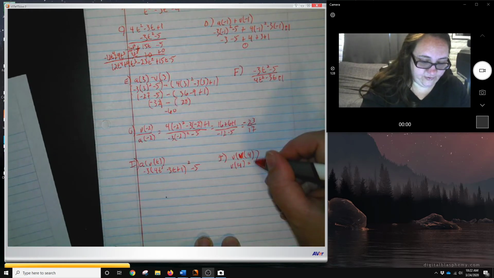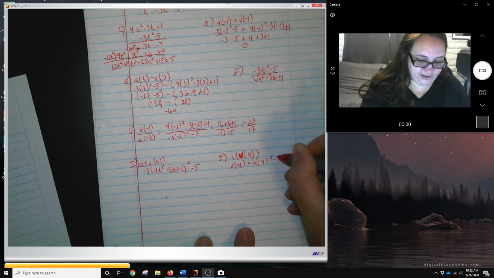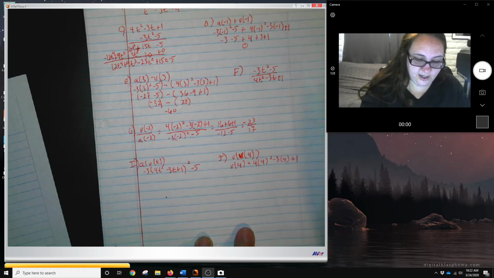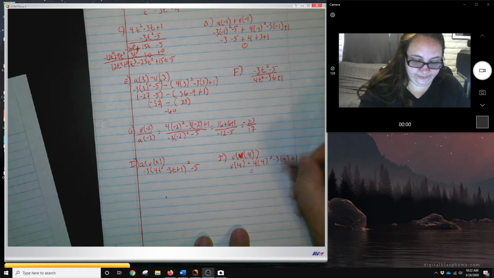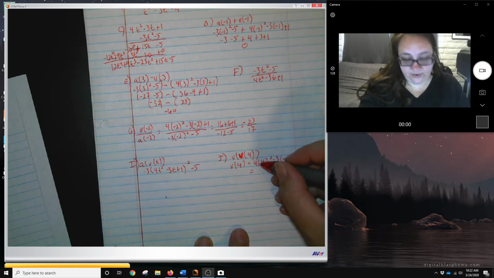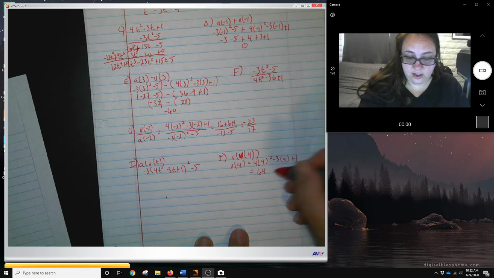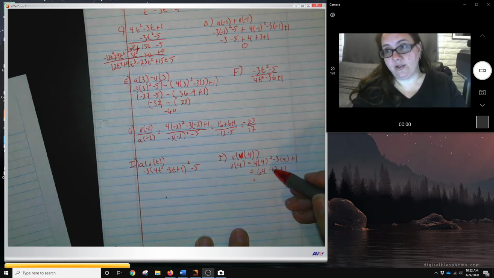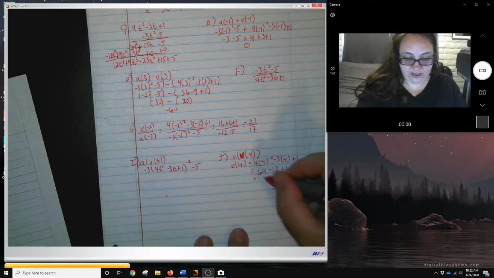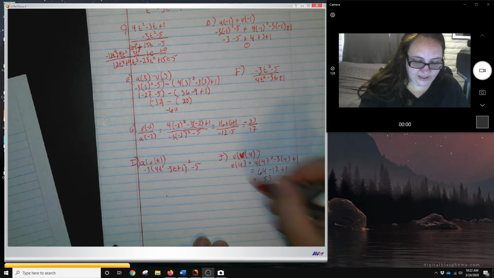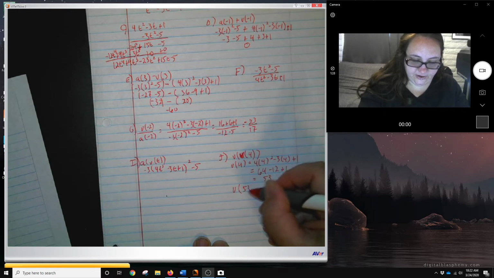So that's 4 times 4 squared minus 3 times 4 plus 1, which is going to be 16 times 4, so that's 64 minus 12 plus 1, which is 64 minus 12 is 52 plus 1, so 53. And then we would need to do V of 53.